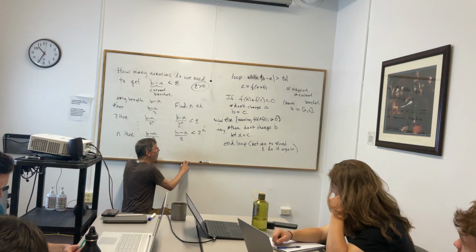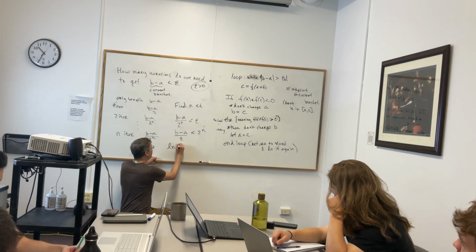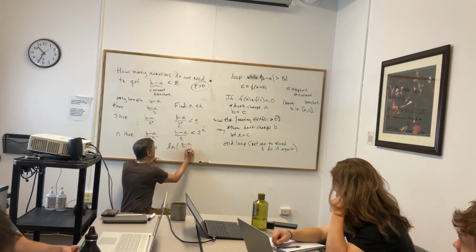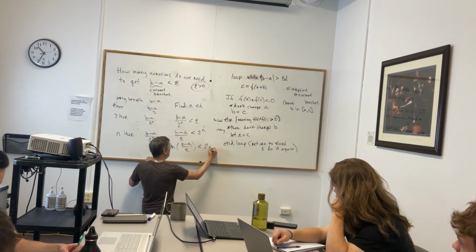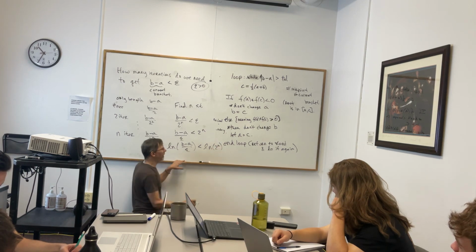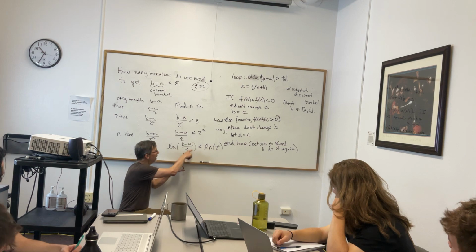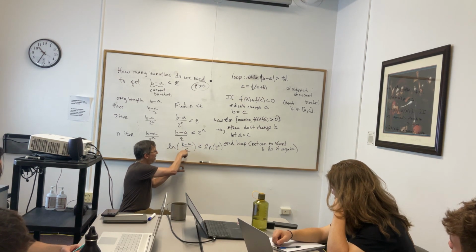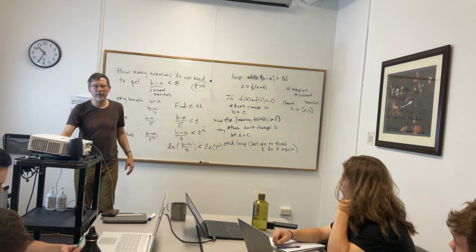You can take any logarithm you want. Let's just take natural log. So I'm going to take the natural log of the left side, and the natural log of the right side. Why does inequality get preserved? How do I know that if I take the log of that, it's still less than in this way?